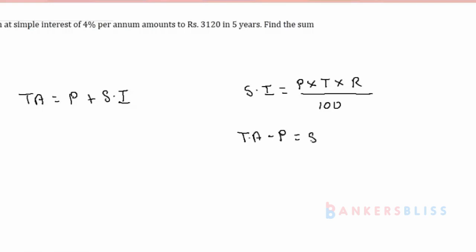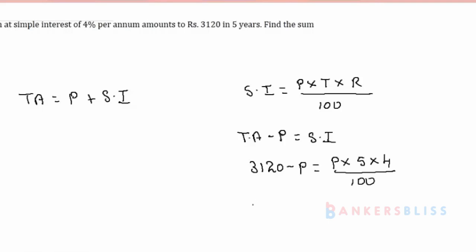So, 3120 minus principal amount is equal to P into time period, that is 5 years, and the rate of interest is 4% divided by 100.